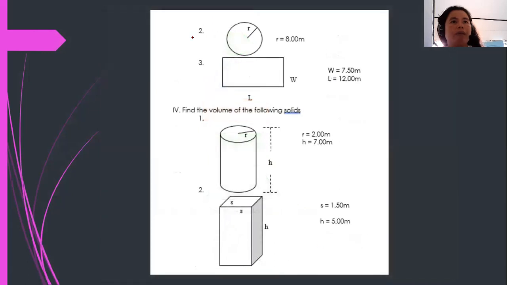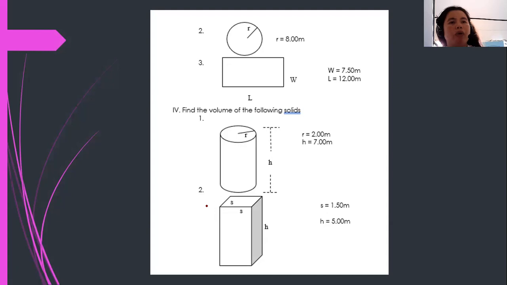Then next, number 2, find the area of circle wherein the radius is 8 meters. And number 3, for the rectangle wherein the length is 12 meters and the width is 7.5 meters. Find the area. So test 4, find the volume of the following solids. For the cylindrical object, wherein radius is 2 meters and height is 7 meters.